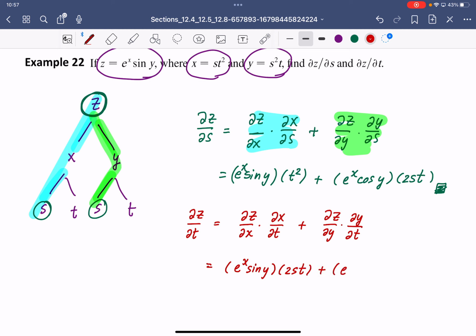Then here you get e to the x cosine y, and ∂y/∂t gives s squared. Is that okay? Not that hard now.